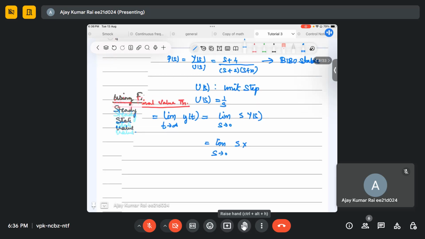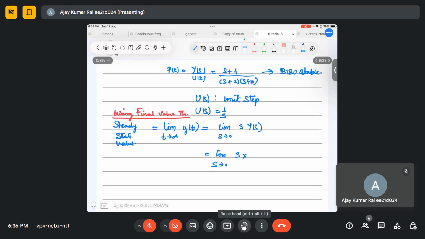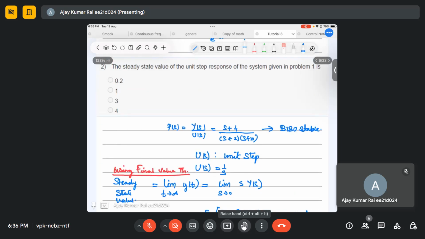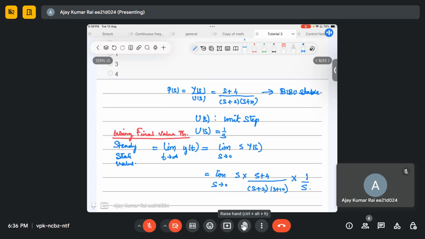s into y of s is what? s plus 4 into s plus 2 into s plus 10, into u of s. u of s is given as 1 by s, this is the unit step. Unit step is the input, and the Laplace transform of unit step is 1 by s.